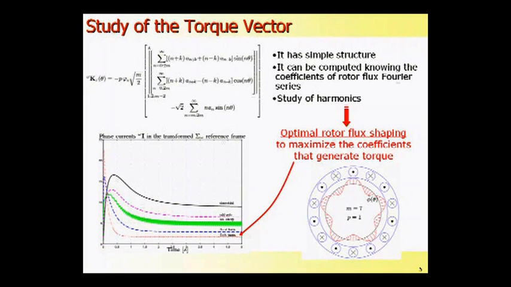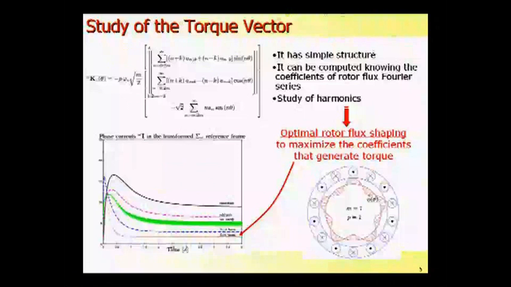It has a simple structure, and it can be computed knowing the coefficients of the rotor flux Fourier series. So we made some studies on the harmonics of this rotor flux. And this led to a shaping of the optimal rotor flux in order to maximize the coefficients that generate torque.